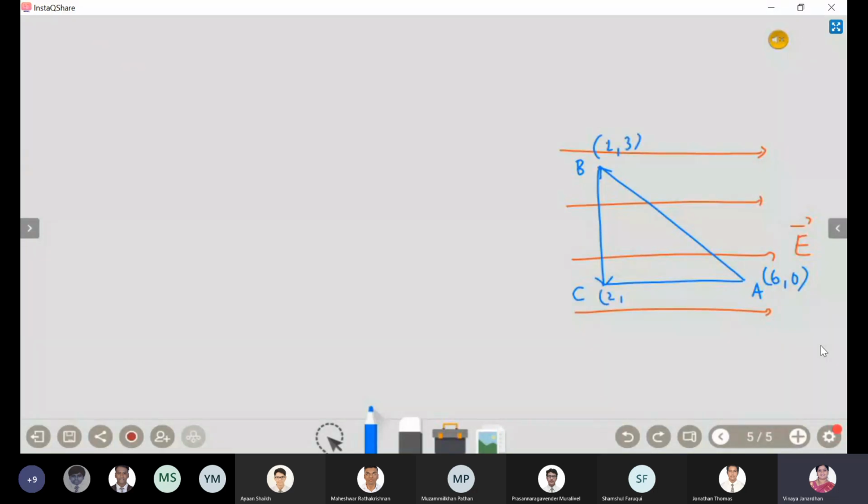You're starting from A, moving to this and coming back to this. The question is, what is the work done in moving the charge Q from A to C?